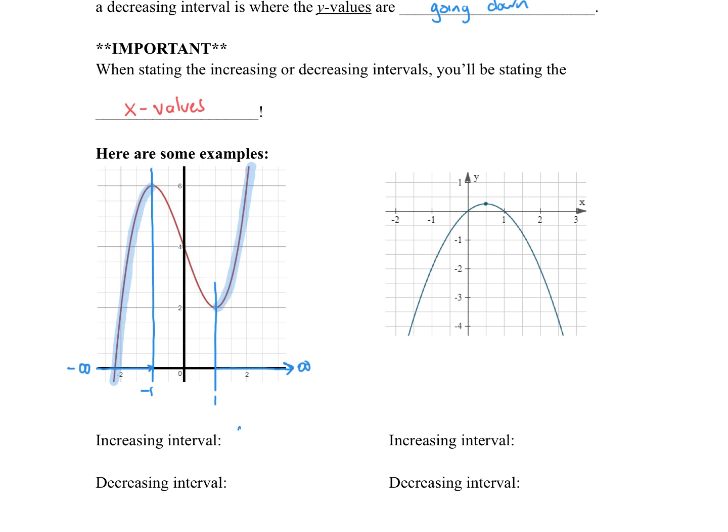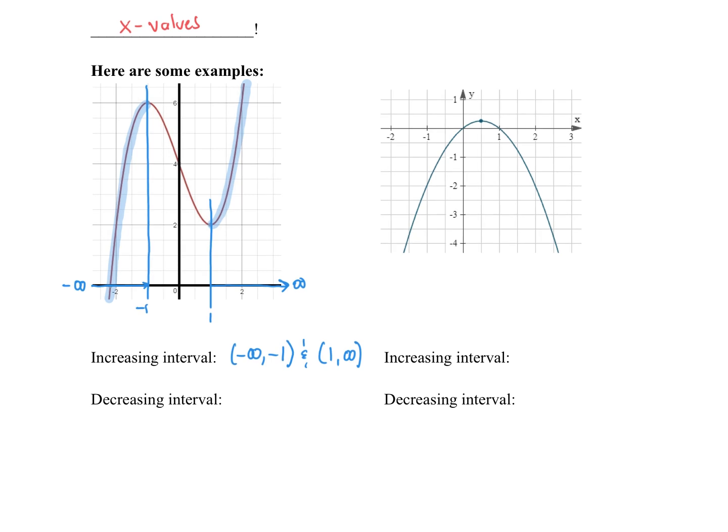So this first one would be negative infinity to -1, and at -1, it's actually not increasing or decreasing. It's switching directions. So technically, this would get a parentheses. And same thing on the other side, 1 to infinity. Now, in most questions, they only ask you to give one interval. You wouldn't have to give both, but there's both, so you can see it.